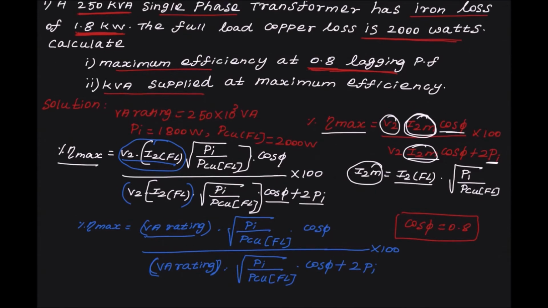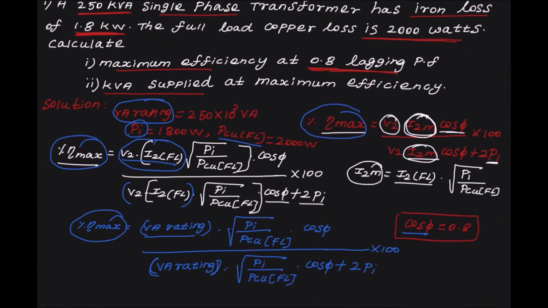So we can calculate maximum efficiency by using this formula, or this formula, or this formula. Based on the given data, we have to choose any one of these formulas. In the given problem, we have VA rating, iron loss, full load copper loss and power factor cos phi.